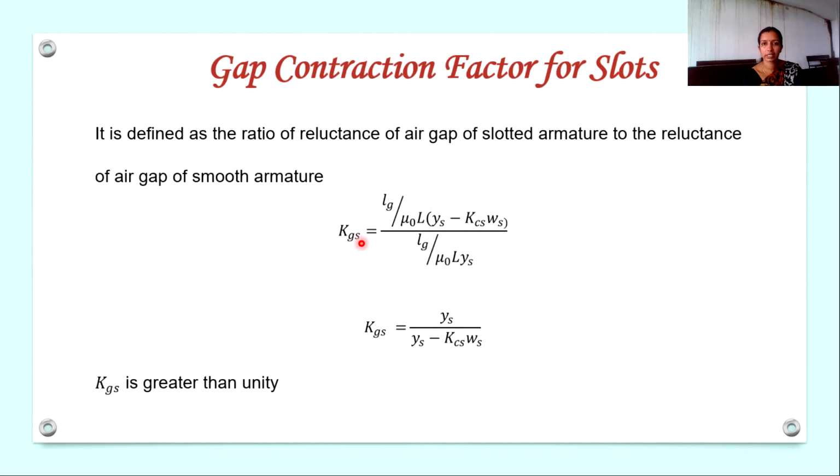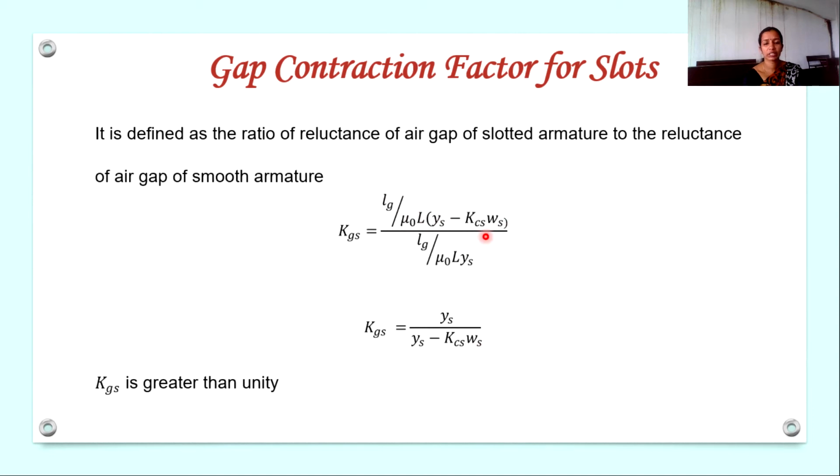So KGS is the ratio of reluctance of air gap with slotted armature to the reluctance of air gap with smooth armature. So we know both the equations. So substituting it, we will get it like this. So Lg, mu 0, LL gets cancelled, and the resulting equation will be YS divided by YS minus KCS into WS.